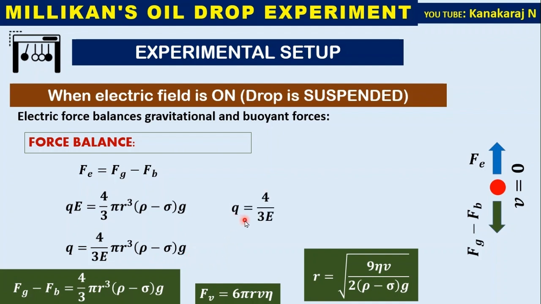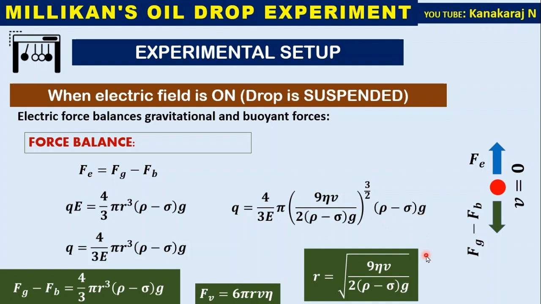Then Q equals 4 divided by 3E multiplied by pi, then (9 eta v divided by 2 (rho minus sigma) g) to the power of 3/2, multiplied by (rho minus sigma) g.